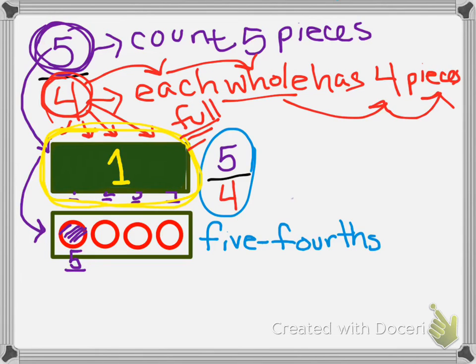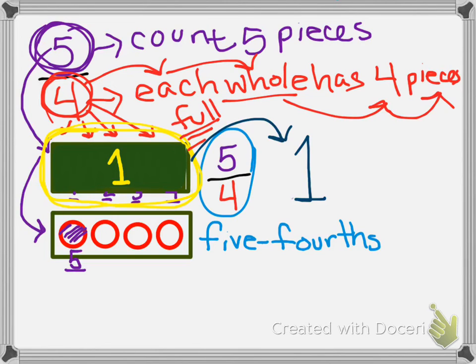It's 1 full box, ready to go. I'll just put a lid on it and call it 1 box. It doesn't have pieces anymore because I put the lid on it. If I opened the lid, I could see the pieces, but I put the lid on and called it 1 whole box. I can write that in math like that. Just a number 1. That represents 1 full box.